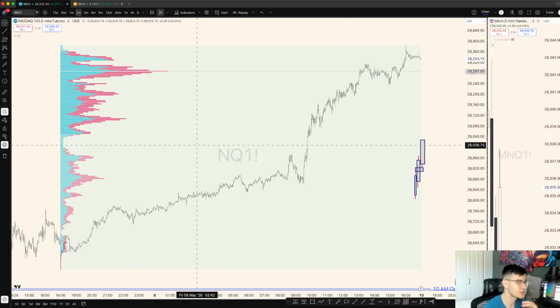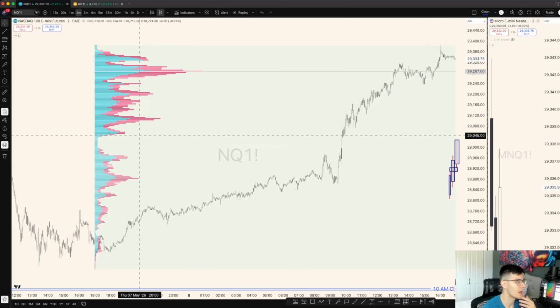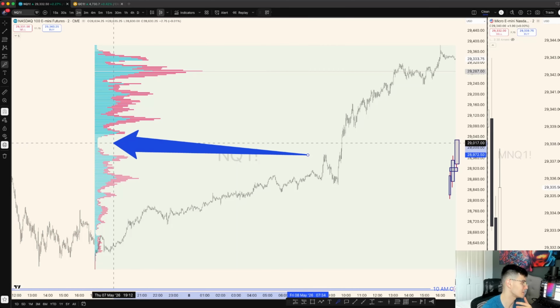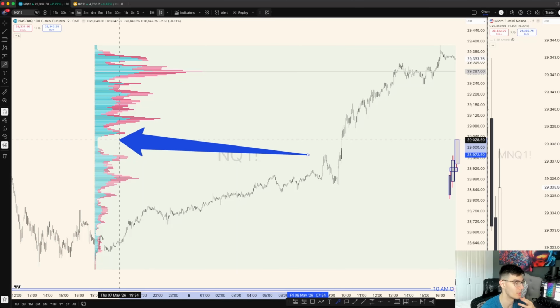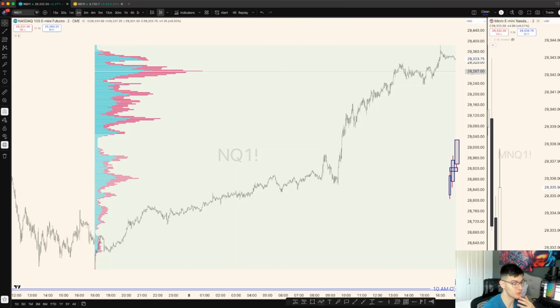So you have to think, when there are areas of low volume on the volume profile, like here for example, this is an area of low volume. That's similar to a fair value gap because all this is telling you is, from the open until now, over this range, where was the most volume traded?